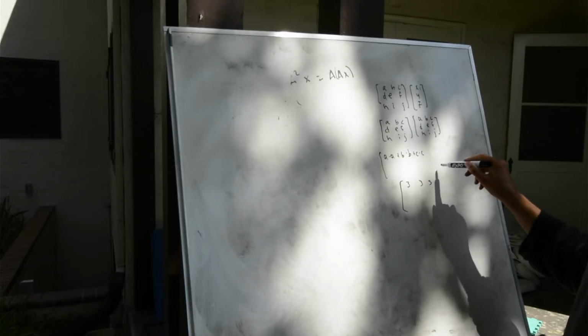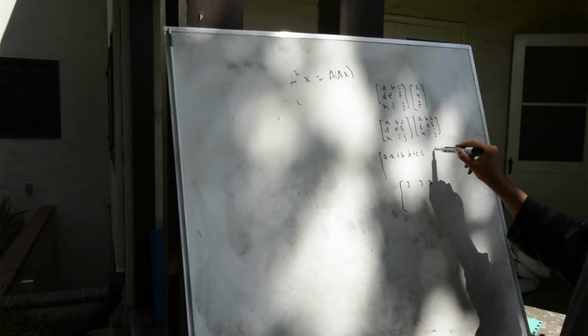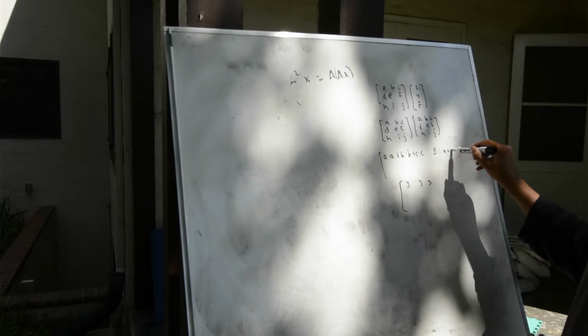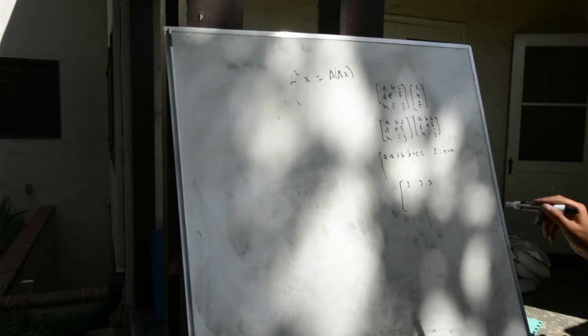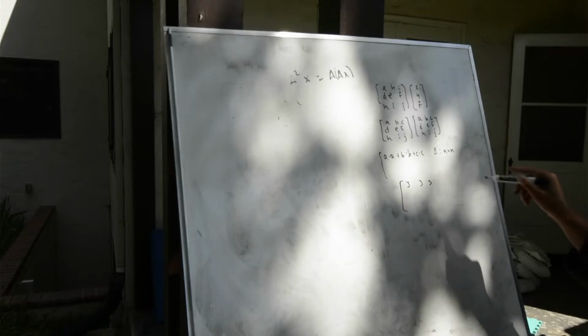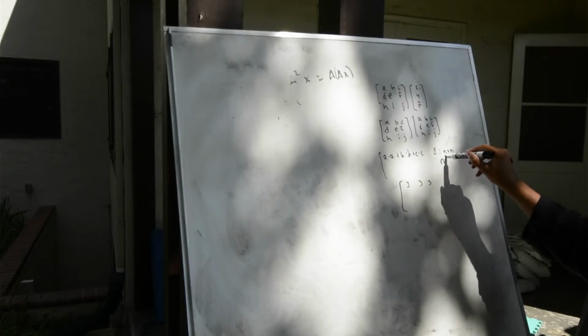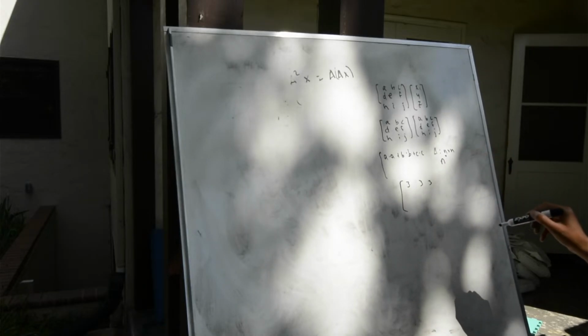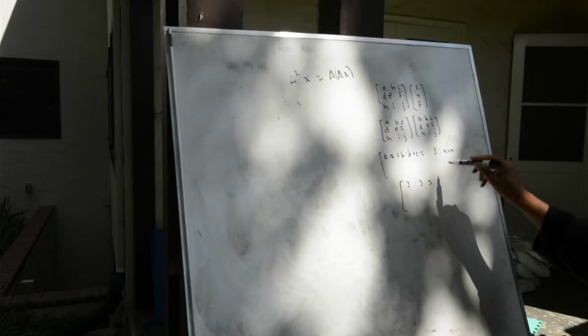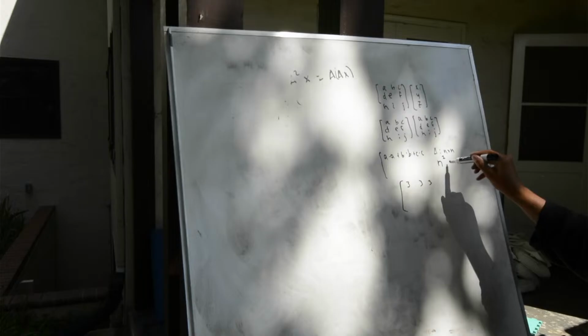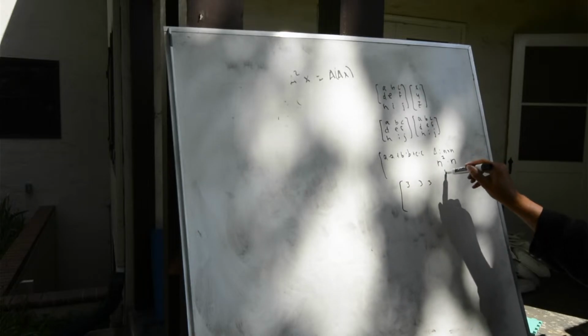So if A is n by n, then I believe the number of multiplications is n squared times n. It's going to be n cubed.